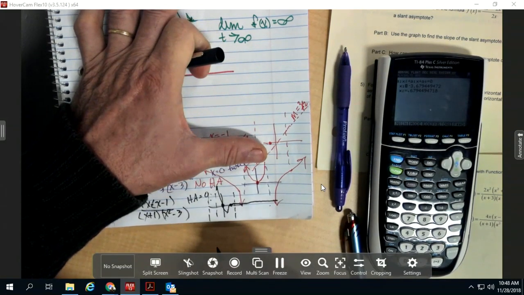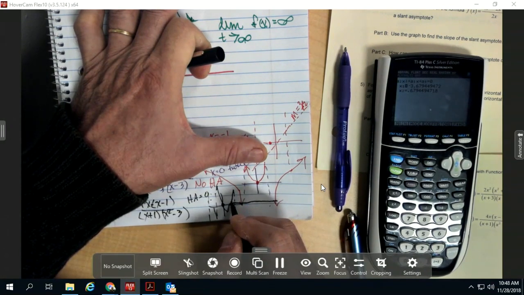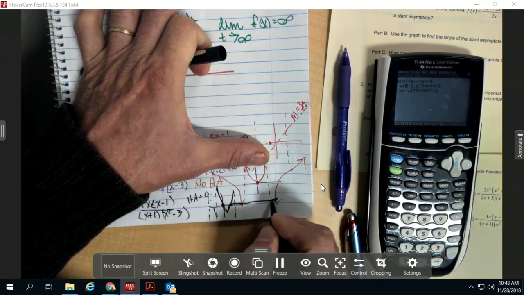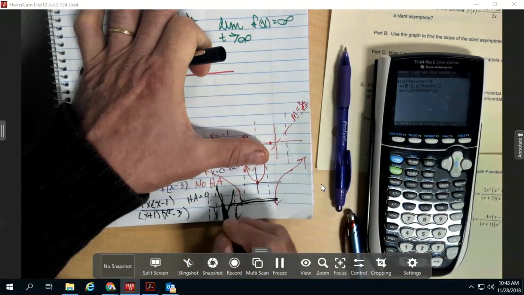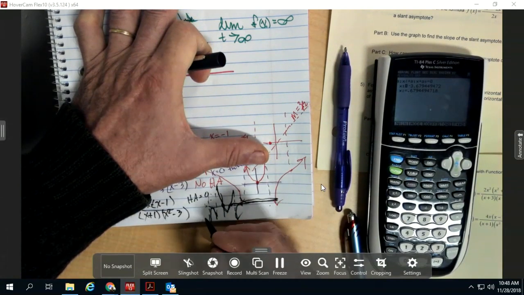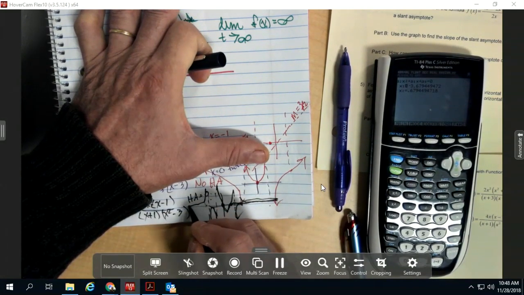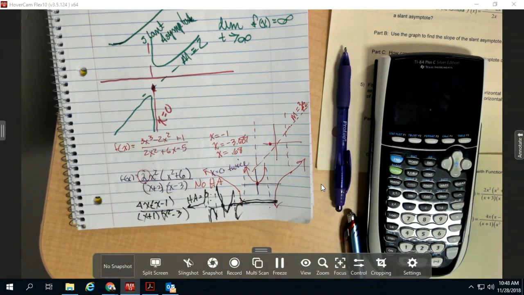I don't know how that's going to work. Oh, I see. I didn't get the asymptote right. It should have been going like this, down, up, and then on this side, up, and then over.